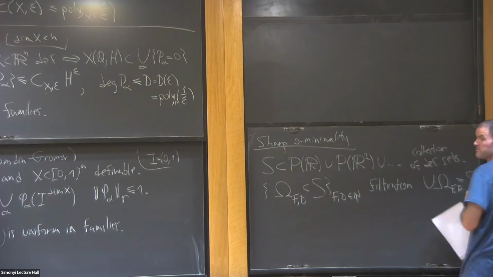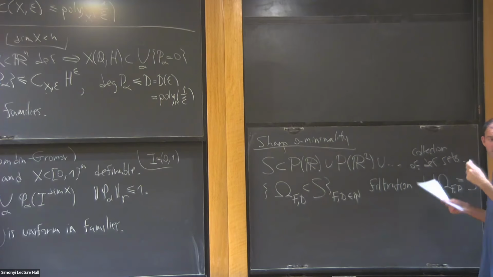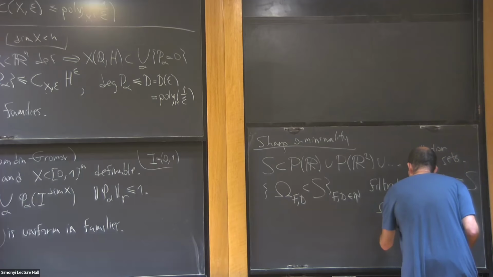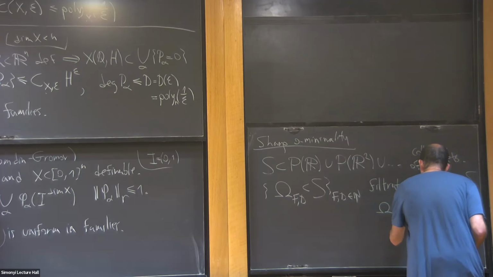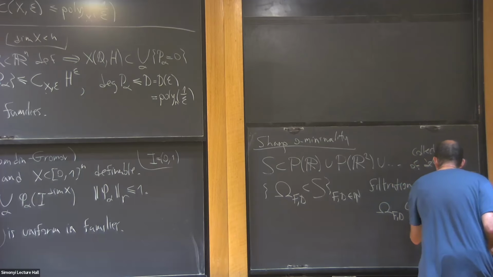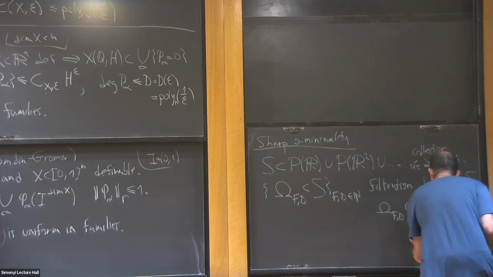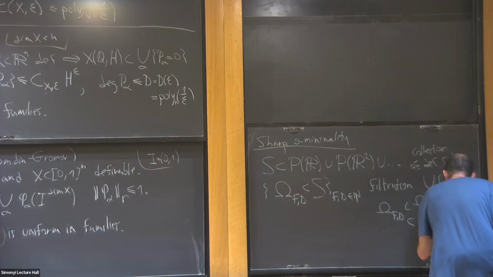Okay, so every definable set has some format and degree, and also it's increasing. So Omega_{f,d} is contained in Omega_{f+1,d}, and it's contained in Omega_{f,d+1}.